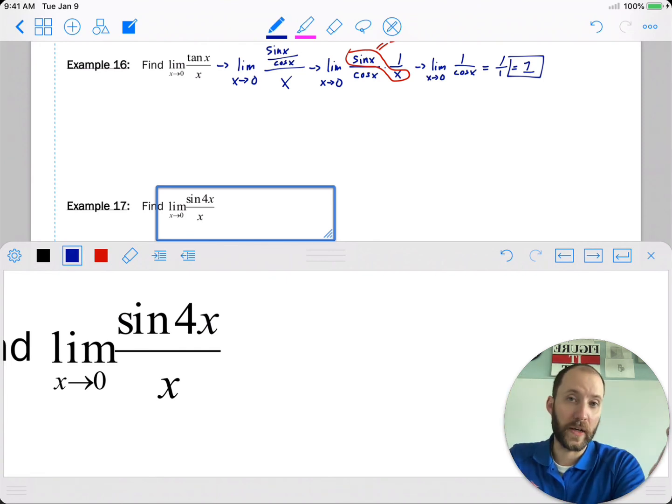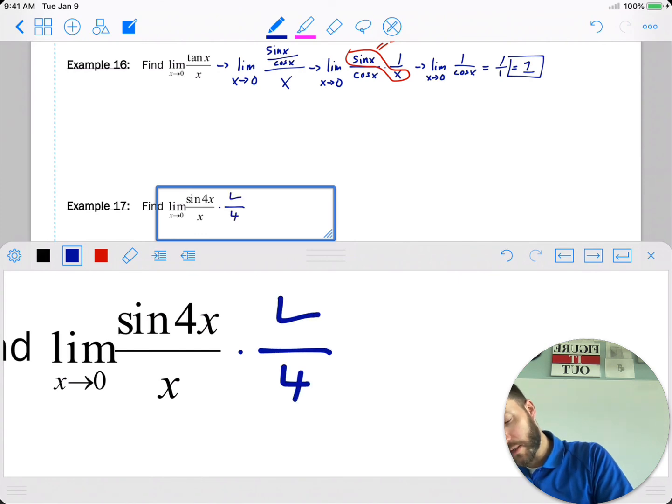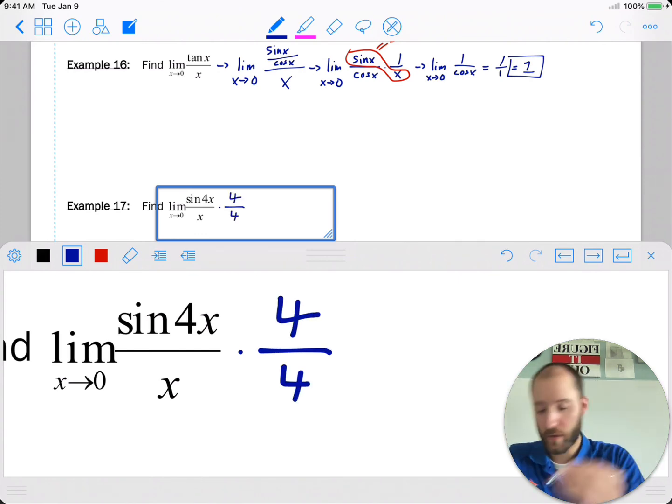Well, in algebra, one of the cool things, you can do anything you want, as long as you keep things balanced. So, we want to get 4x in the bottom, we can do that. Kind of write it this way. What you do to the bottom, you also got to do to the top.